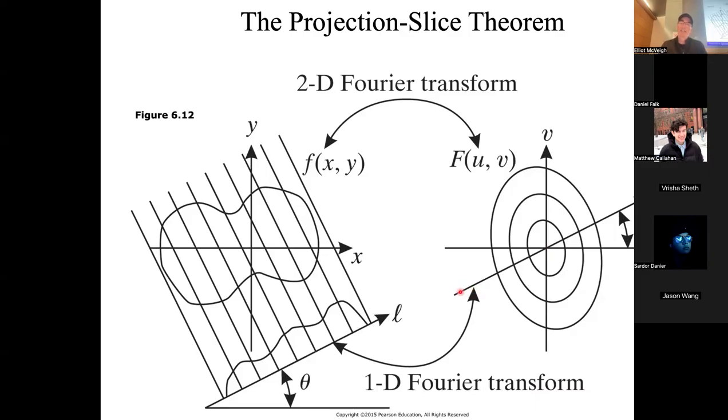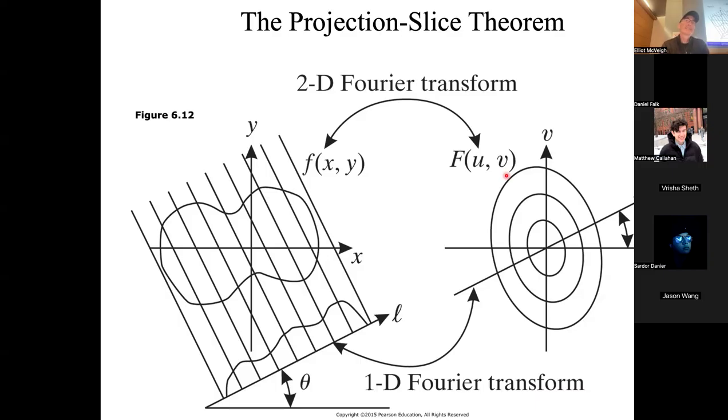And if you look at the Fourier transform, the God-given Fourier transform of this two-dimensional function f(x,y), that's this function here, F(mu, nu), in spatial frequency coordinates. This line, when I took this one-dimensional Fourier transform, is a line through that two-dimensional Fourier transform. It's like a sample of that two-dimensional Fourier transform along a line.